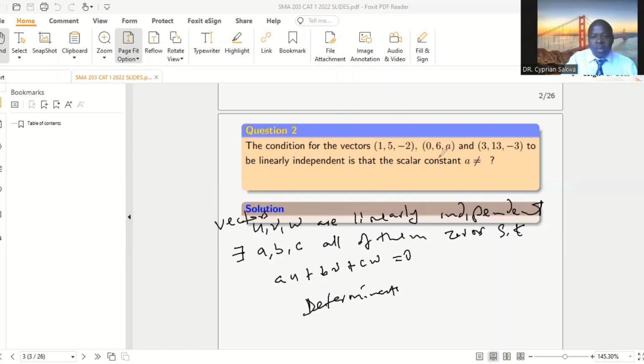We look at those two ways. Of course, you know when we say vectors are linearly dependent. If you don't, you can check the video that I showed earlier.